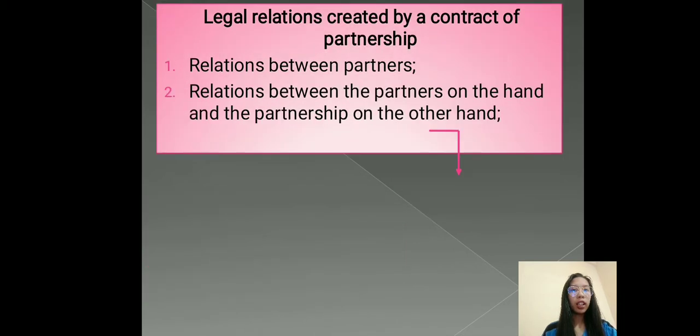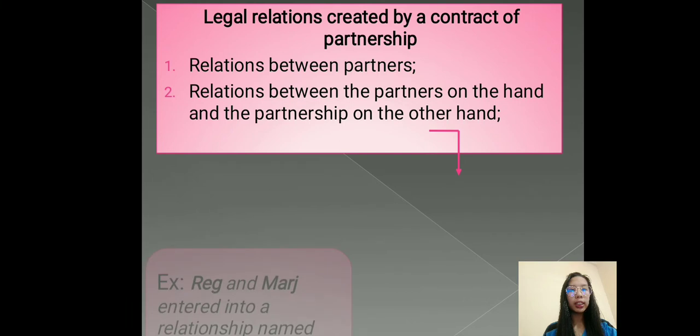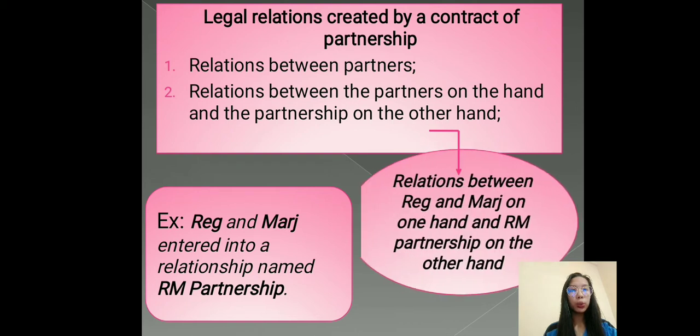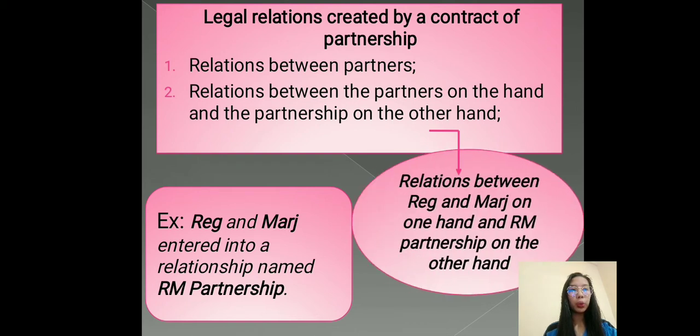Next, number 2, relations between the partners on one hand and the partnership on the other hand. Same example po. Number 2 refers to the relations between Reg and Marge on one hand and RM partnership on the other hand. So, yung RM partnership, yun yung partnership na nabuo nila.